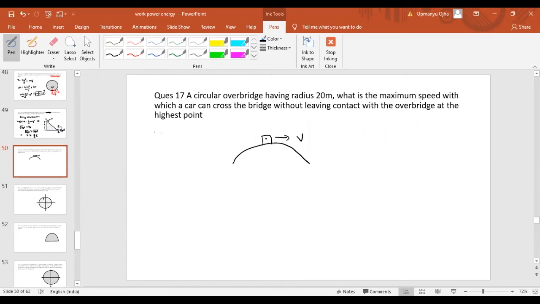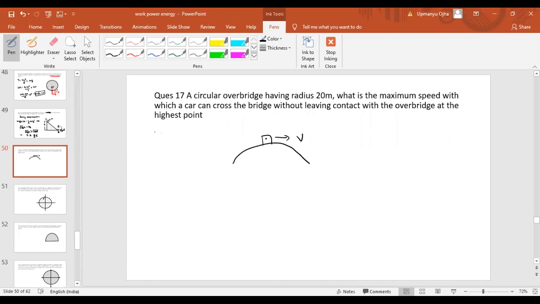Can you get the answer for this? One thing you have to understand: whenever a particle moves in circular motion attached to a string, the centripetal force is provided by the string. When it is moving on the circular bridge, who provides the centripetal force?